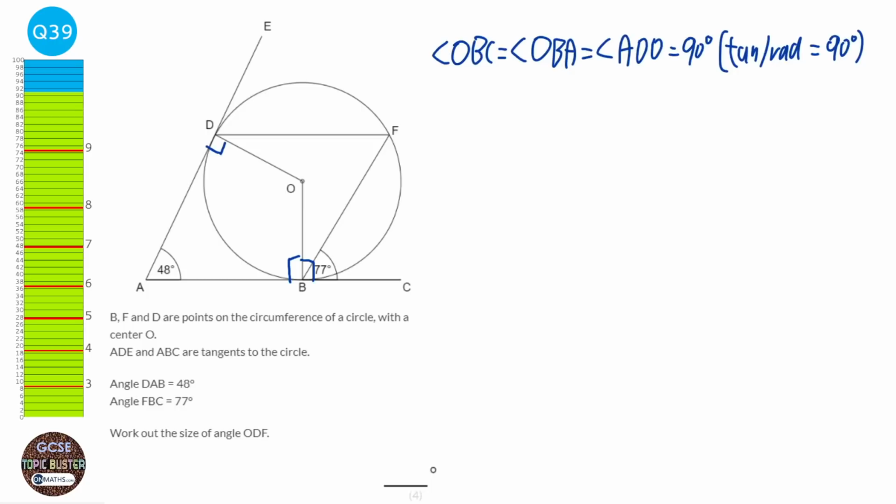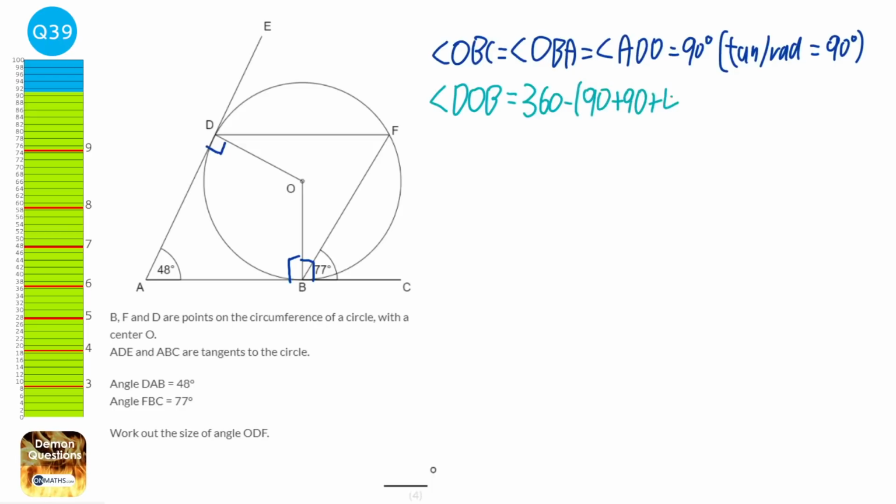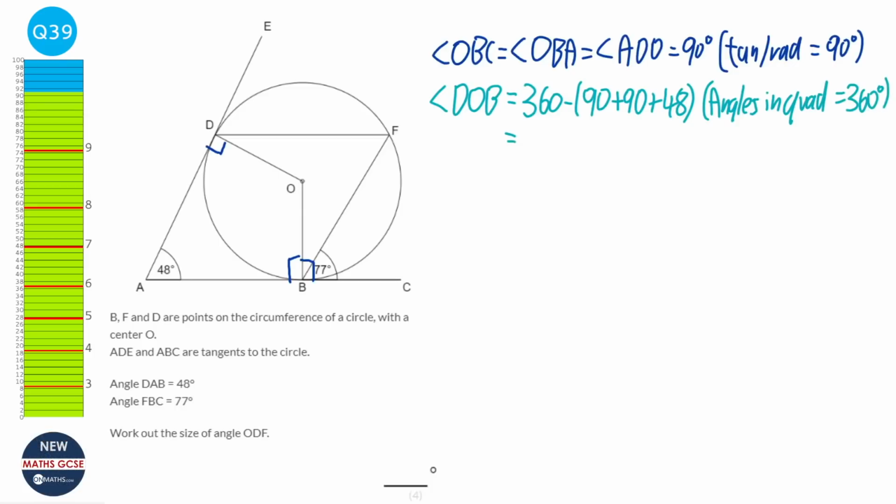Okay, so the first thing I'm realizing is that there's a nice little quadrilateral here. And whenever we've got quadrilateral and we've got 3 of the sides, we can work out the last one. So angle DOB is going to be 360, take away the angles that we know, so 90 plus 90 plus 48. And the reason for that is angles in quadrilateral add up to 360 degrees. And so when you do 360, take away that, you get 132 degrees.